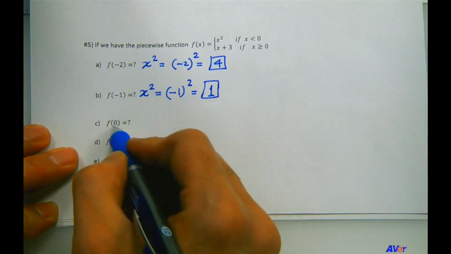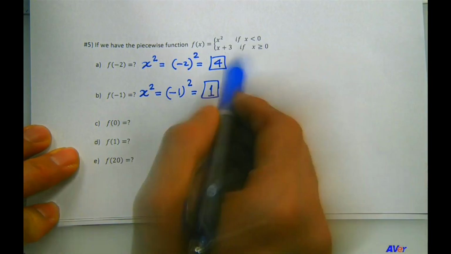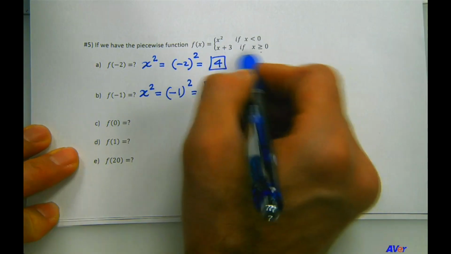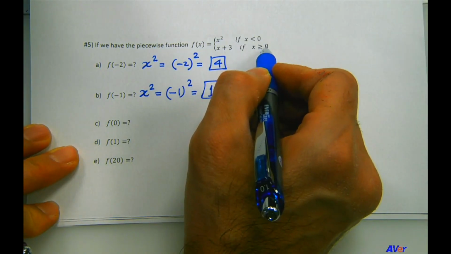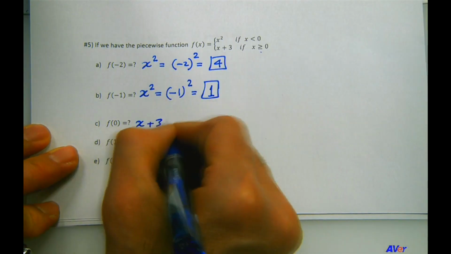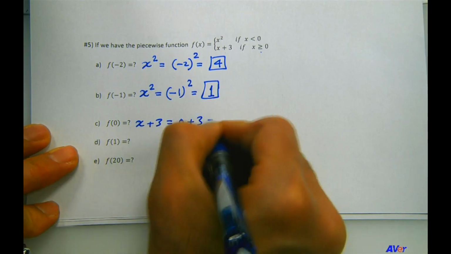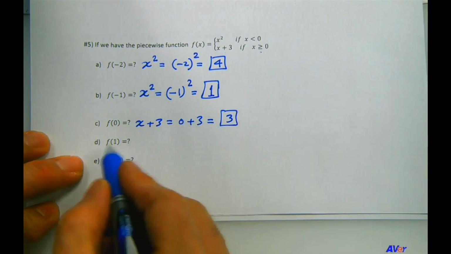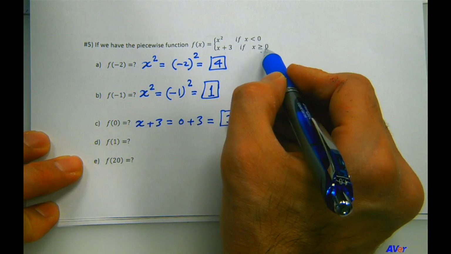Now 0, x value 0, where is it? It's in here, right? It's in this condition that x is allowed to be either 0 or greater than 0, something positive. So our function is this, x plus 3, so replace x with 0, plus 3, or 3. 1 is definitely an x value that is greater than or equal to 0, right?